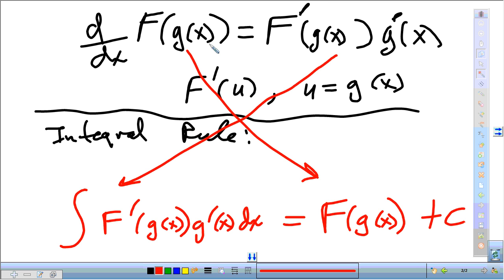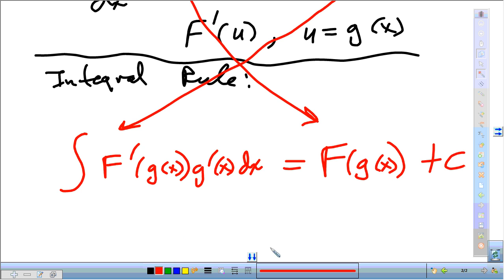So all I've done is taken the chain rule, interchange the two sides and writing integrals, getting rid of the derivative. So same rule. So doing the reverse order. So if I know this is the derivative, I should be able to write down where it came from.